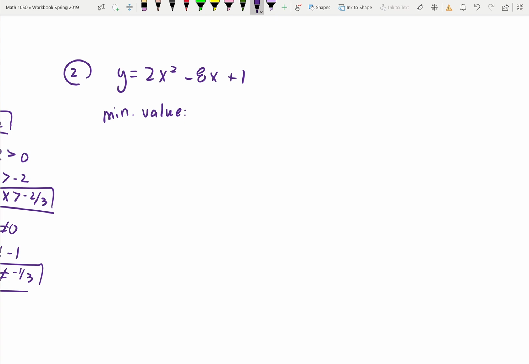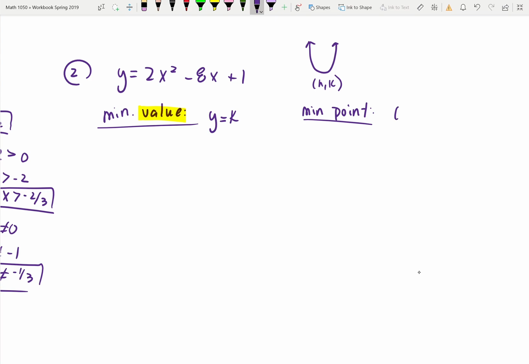Oh boy. Okay, minimum value and minimum point. You have to know the difference. This is a parabola that opens up, and the vertex, which is (h, k), is a minimum. If they're asking you for the minimum value, then they want the y value of that vertex.